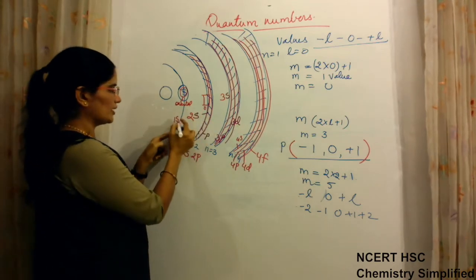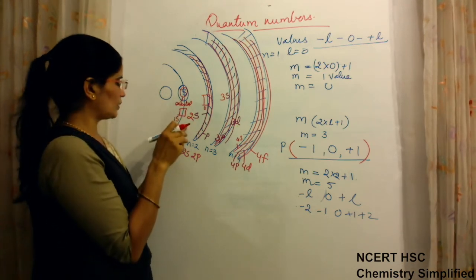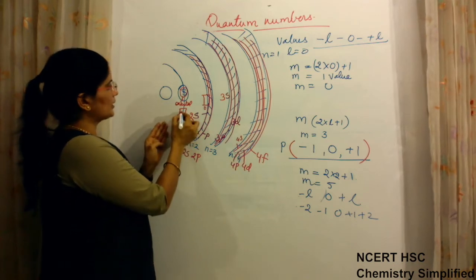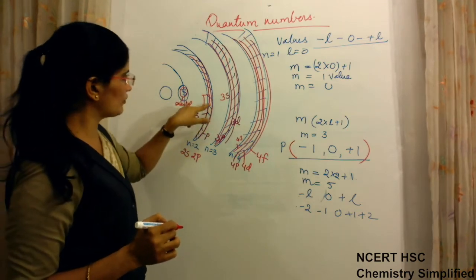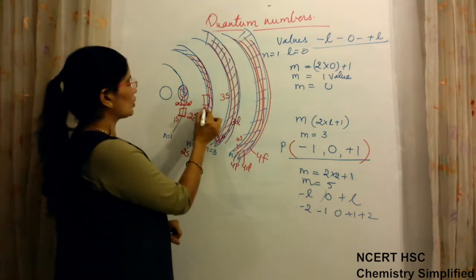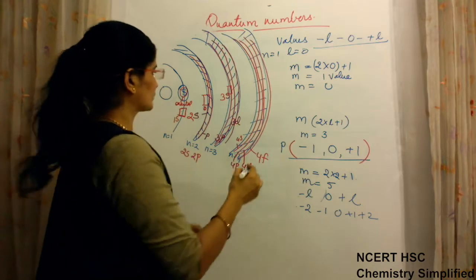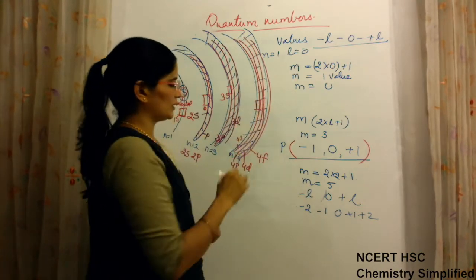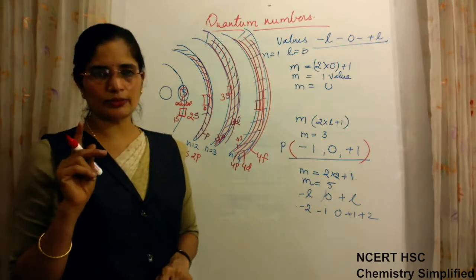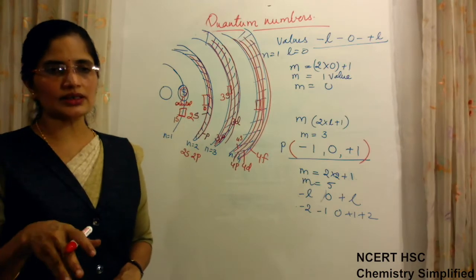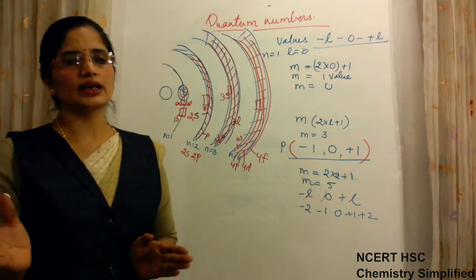Whether this s is 1s, present in n equal to 1, where the 1s is an orbital as well as a subshell with only one compartment, or 2s, wherever it is s, it will always have only one orbital. 3s will also have only one orbital, 4s will also have only one orbital. Wherever an s subshell is present, inside it there will be only one orbital, and that orbital's direction is the 0 direction, neutral, neither bending toward positive nor toward negative.